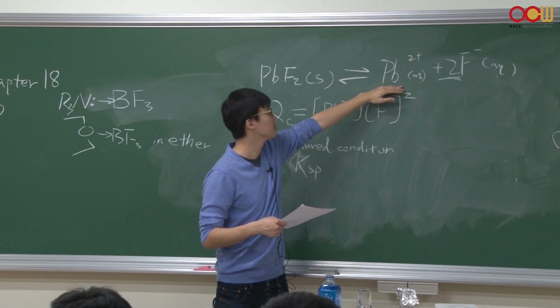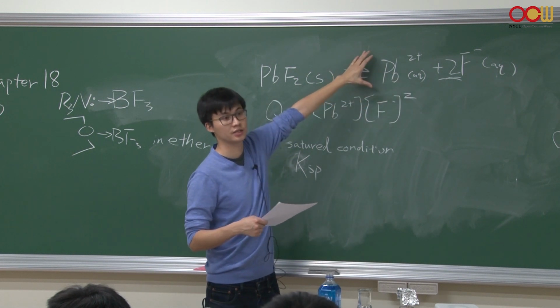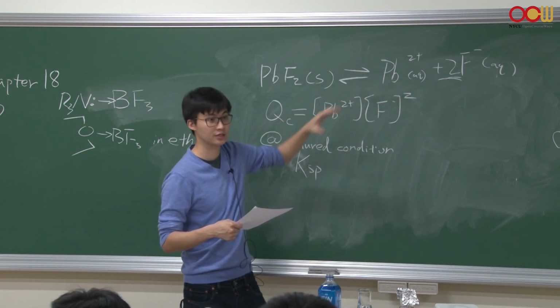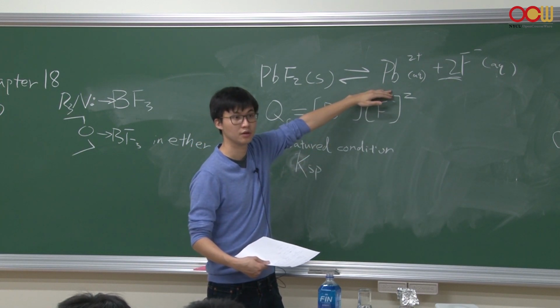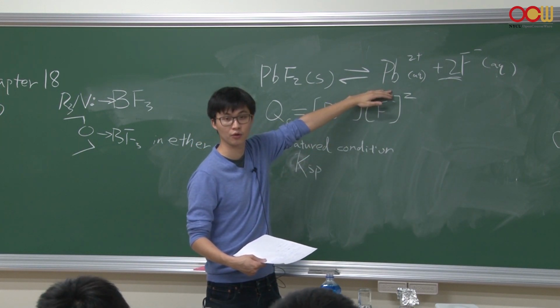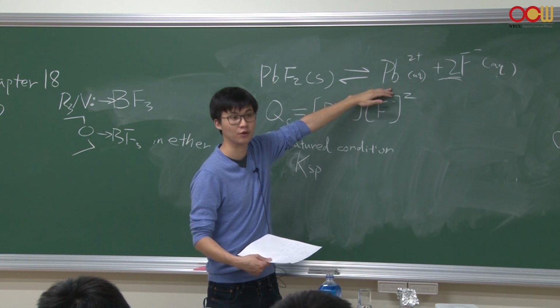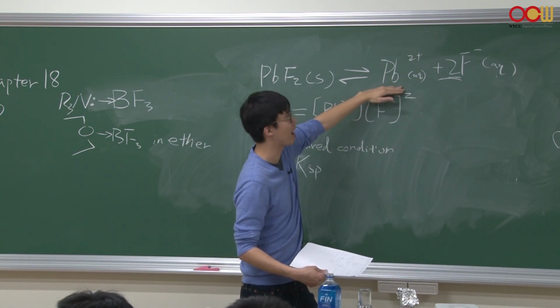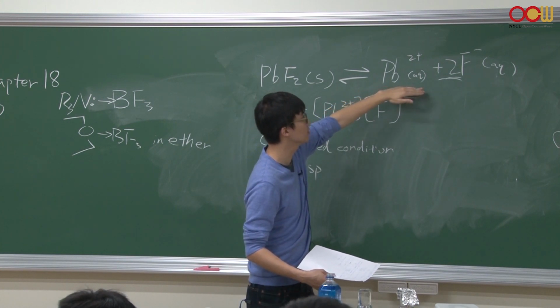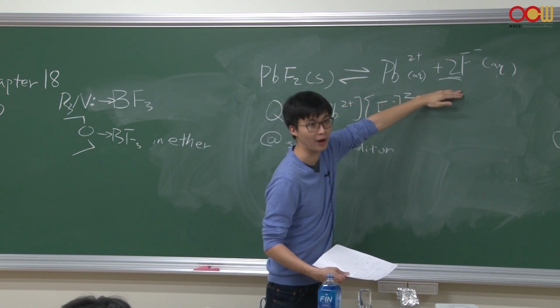It could be Pb2+ with 6 water molecules, each with an extra lone pair donating electrons to the Pb. That makes sense? We talk about Lewis acid, Lewis base. That's exactly what could happen. It could be other species where you have a Pb with 1 fluoride.